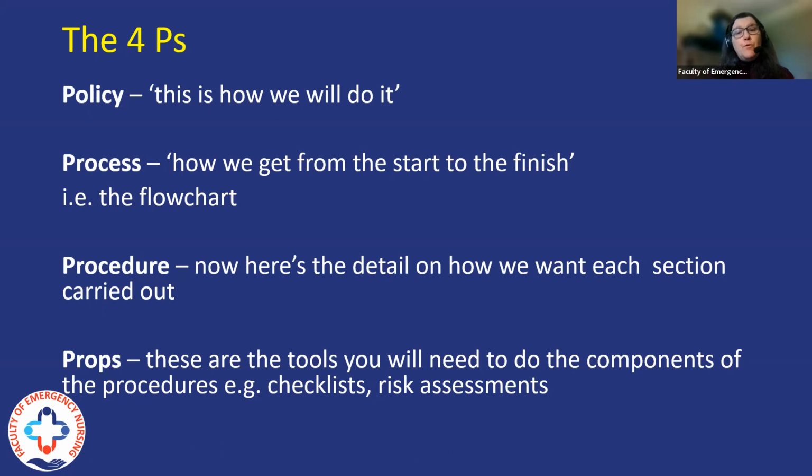Process is this is how we're going to get from the start to the end. And processes are either working left to right or top to bottom. And you'll see that in lots of flow charts that people go, all right, there's the flow chart. Right, let's just work our way through. That's the process. That's how we should be able to get through from that point to that point.